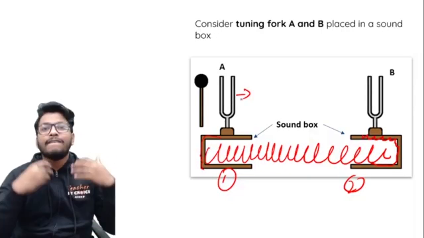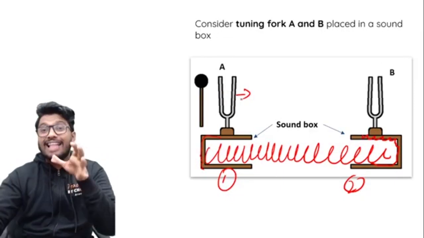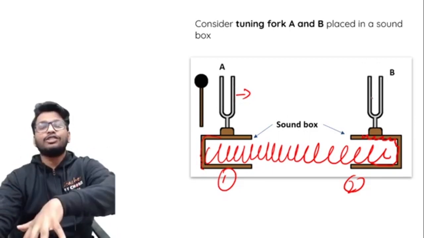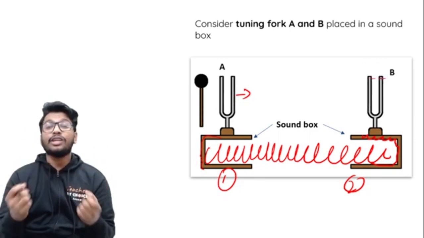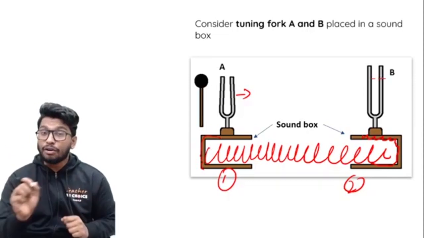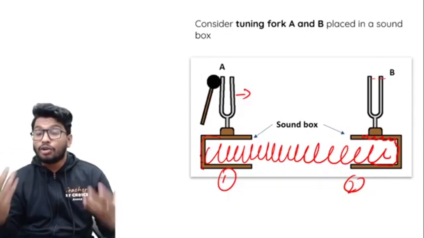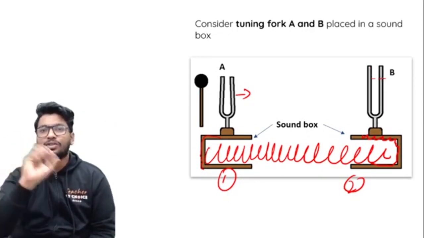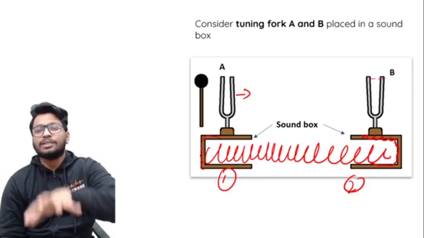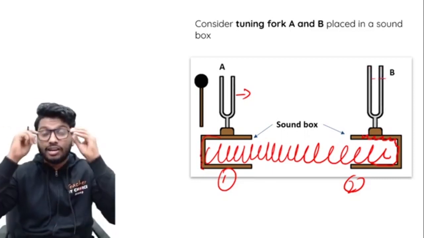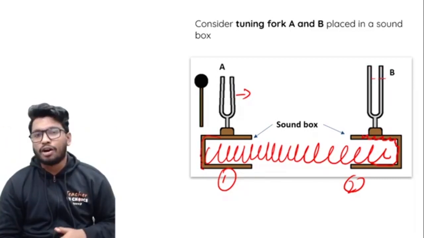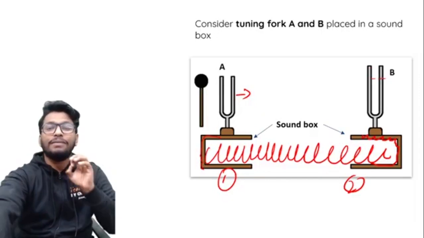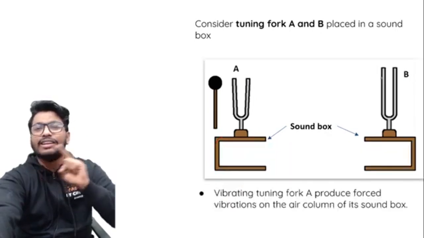The forced vibration has its own frequency, and when that frequency becomes equal to the natural frequency of the second tuning fork, that is when you see the vibration happening, and the amplitude of the vibration on B would be much greater. Obviously it's a tuning fork, so you can't really see it because it oscillates really, really fast. But yes people, if you put in another tuning fork with a different frequency, it would not happen, because the frequency of the forced vibration and the natural frequency should be equal. That is one case you can never ignore.